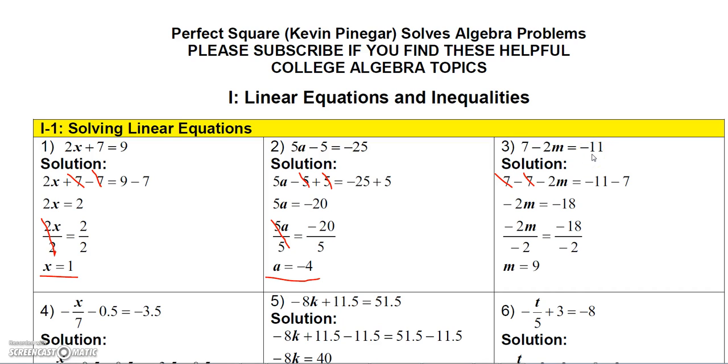And when I subtracted 7 from the right-hand side, negative 11 minus 7 is negative 18. And then the next thing I've got to do to isolate the m is divide both sides by negative 2, so that way the negative 2 cancels with the negative 2 and just gives me 1m. And then when I divide negative 18 by negative 2, I get positive 9. So there my solution is positive 9.